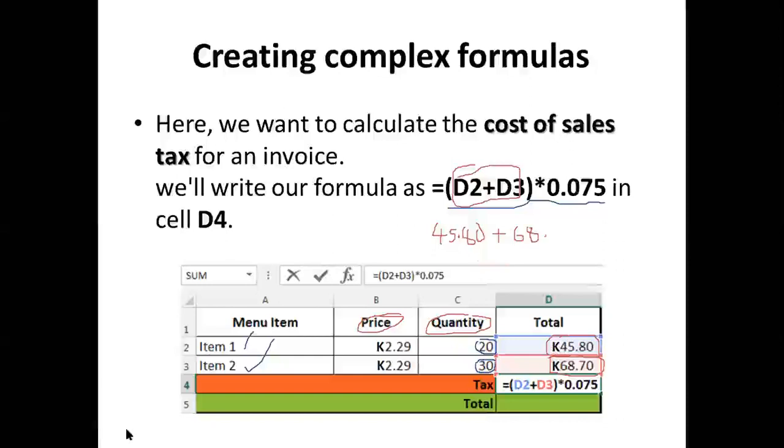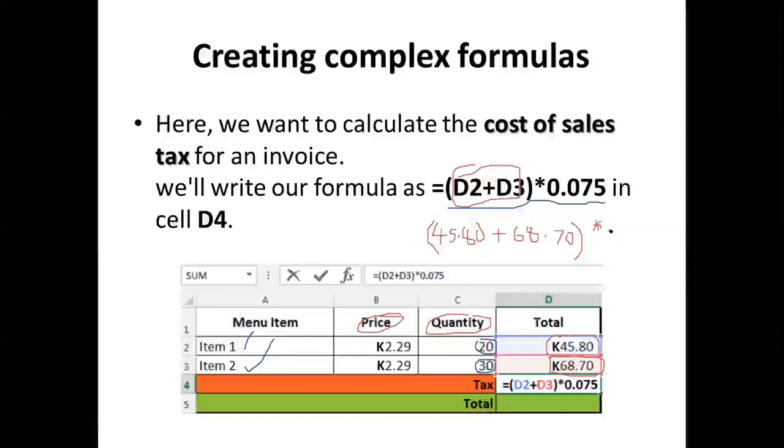So we have 68 kwacha 70 ngwee, like that. So we add the two, and then after adding the two, we multiply with an asterisk that side.